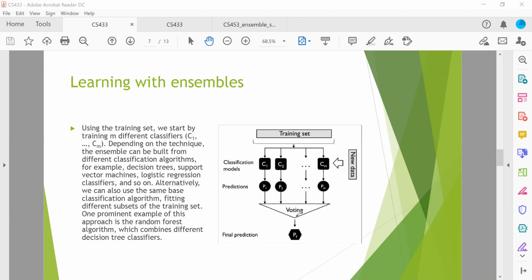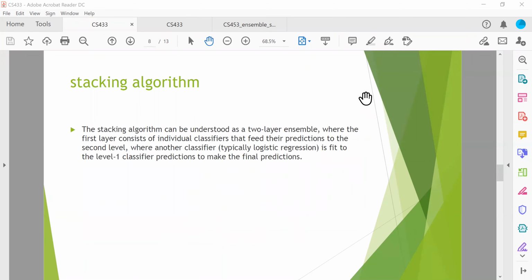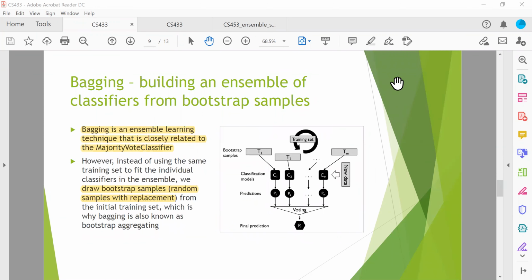For the final prediction, because you use multiple models, previously we learned that you can do mode, average, weighted average, and we can also do majority voting. So this is one kind of idea. And the stacking algorithm will be one of your assignments.